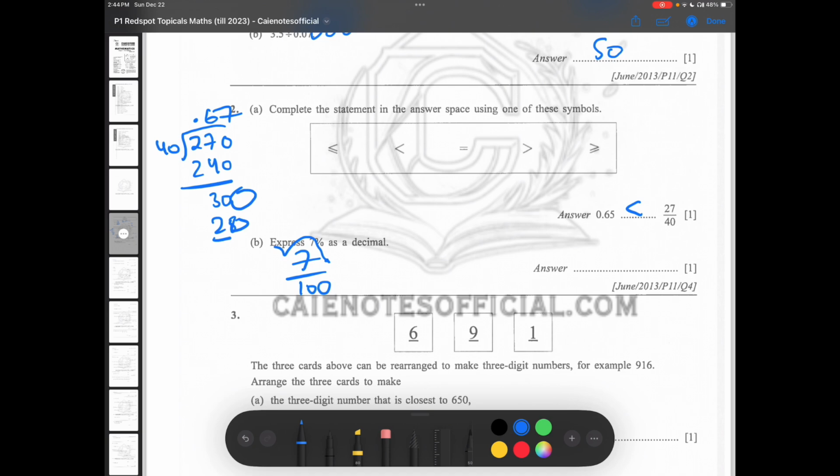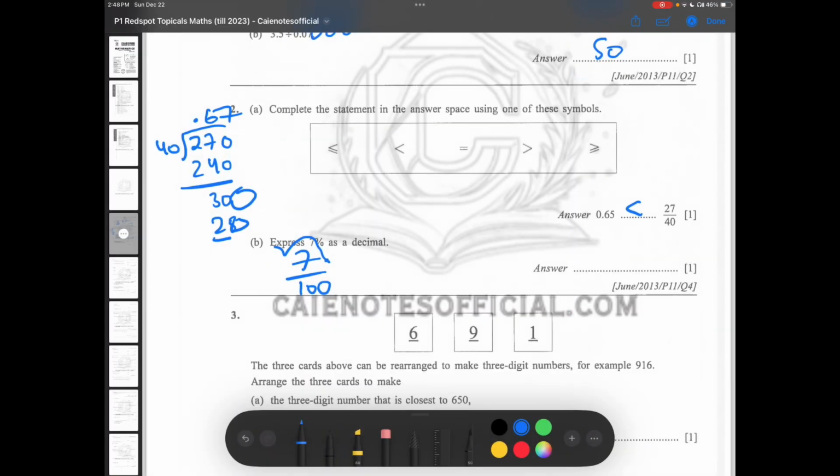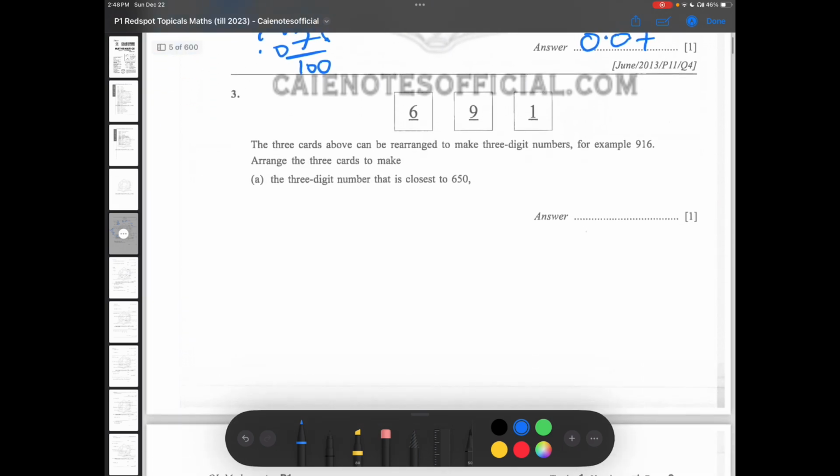So the decimal will come here, and this becomes 0.07, our answer. Let's move to question number 3.